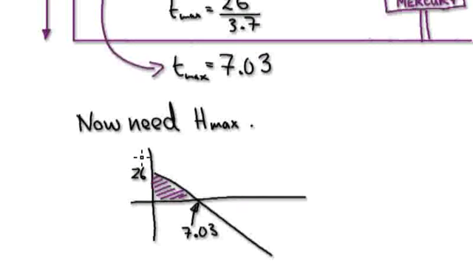Okay, so now our velocity time graph will look like this. This is 26, the initial speed, and this is where the maximum height is after 7.03 seconds.